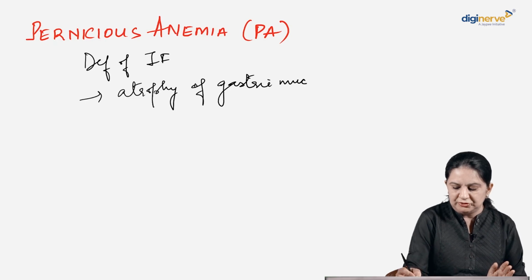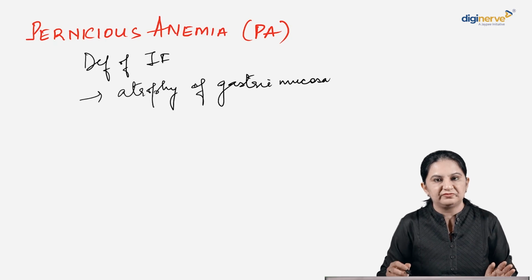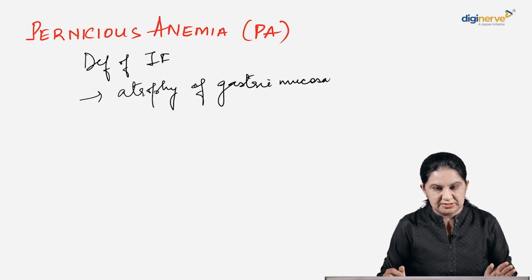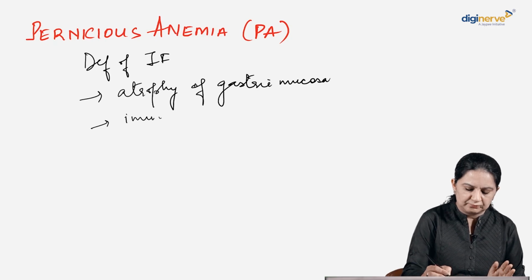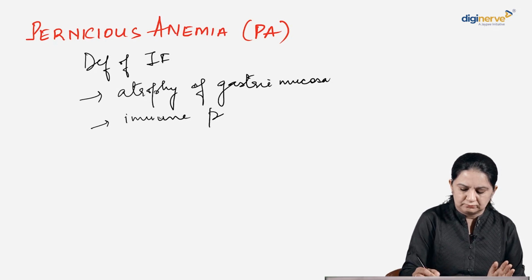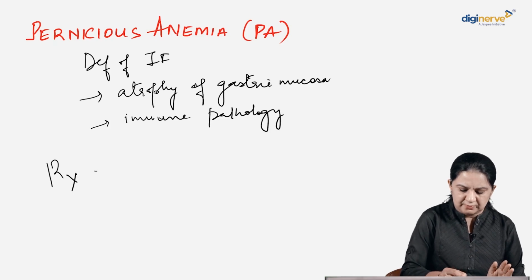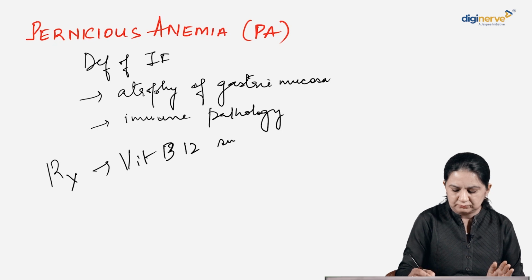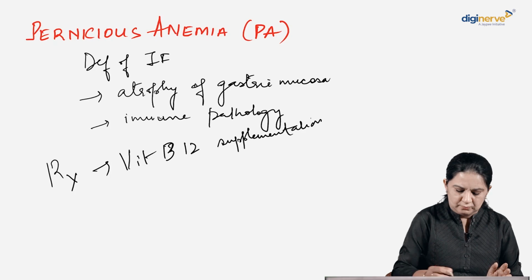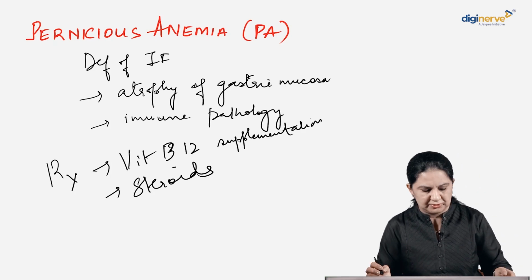I already told you the gastric parietal cells secrete intrinsic factor. So, the atrophy of this gastric mucosa causes deficiency of intrinsic factor. This could be of immune pathology. And the treatment here is vitamin B12 supplementation plus steroids. Why? Because it could be of immune pathology.